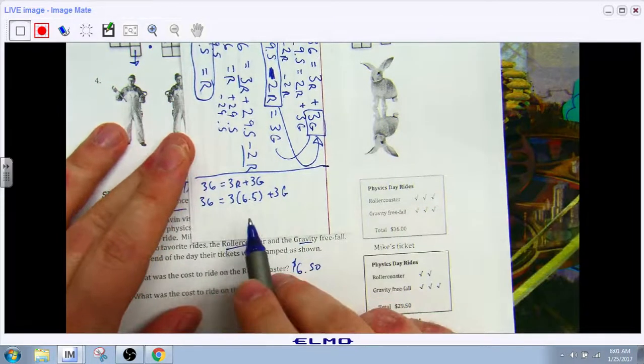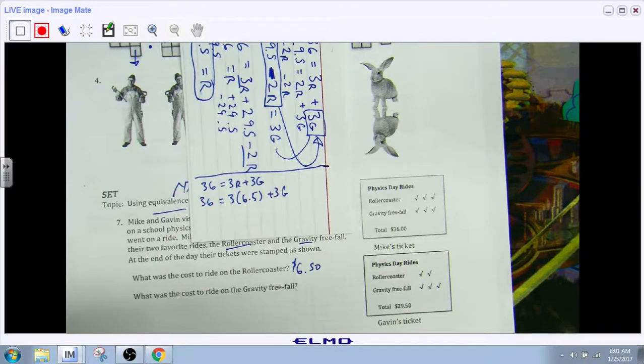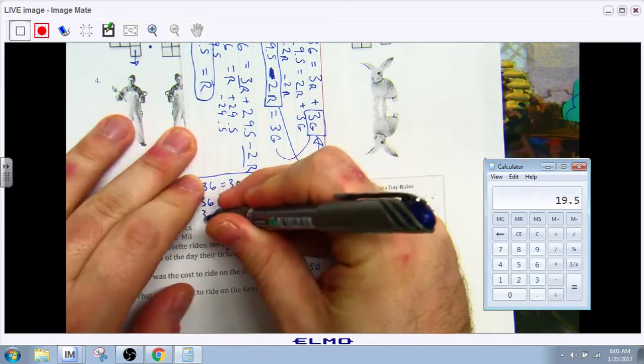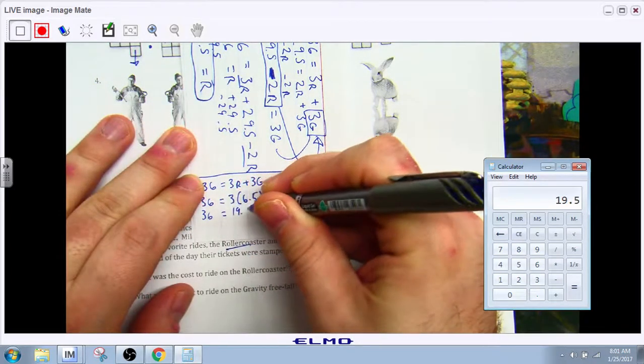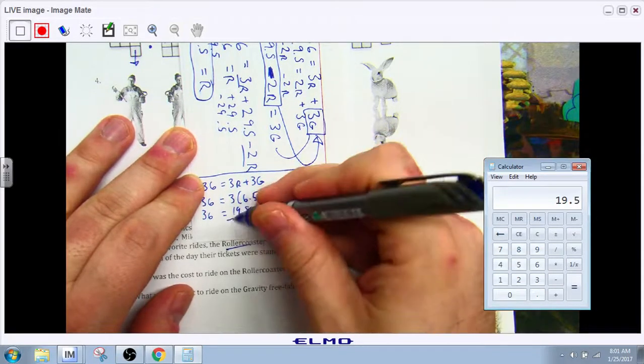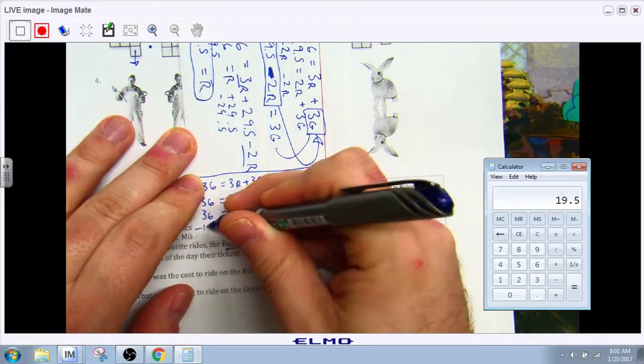I can evaluate 3 times 6.5 here, which is 19 and a half. So I know that 36 equals 19 and a half plus 3g. I can subtract 19 and a half from both sides.